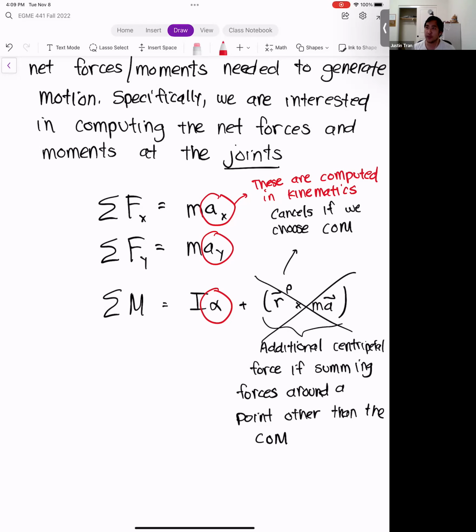After you've done motion capture, or some other kind of kinematics analysis, you already know the linear acceleration as well as the angular acceleration of each of the body segments. You know the mass, of course, and you can compute the moment of inertia pretty easily. So you'll know everything on the right side of these equations. What you're going to be solving for is on the left.